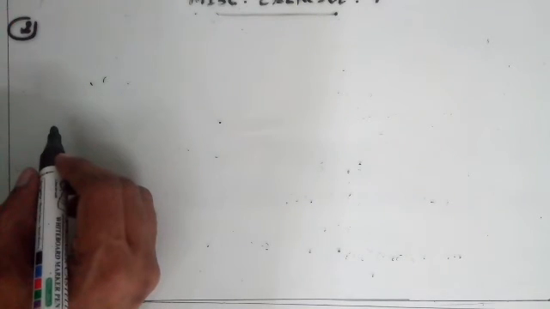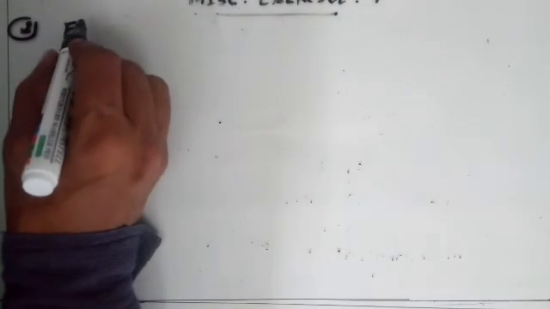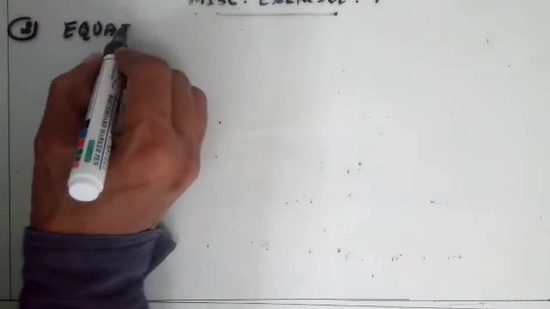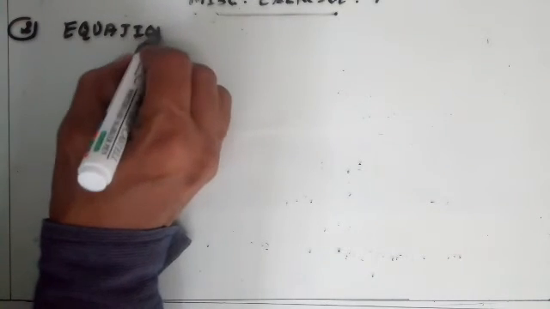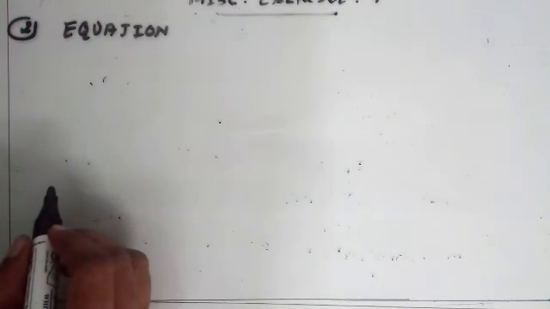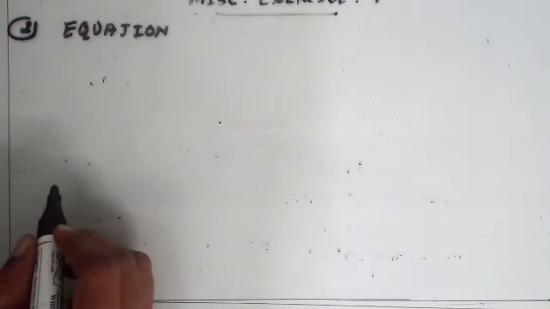Now question number 2. How many words, with or without meaning, can be formed using all the letters of the word EQUATION at a time, such that the vowels and consonants occur together?